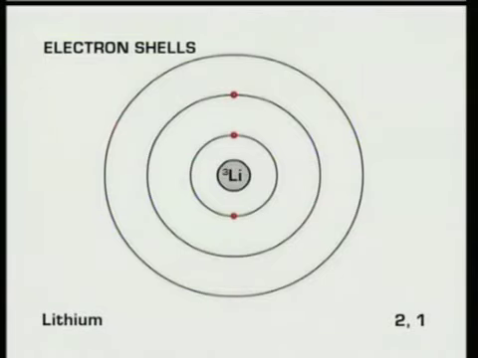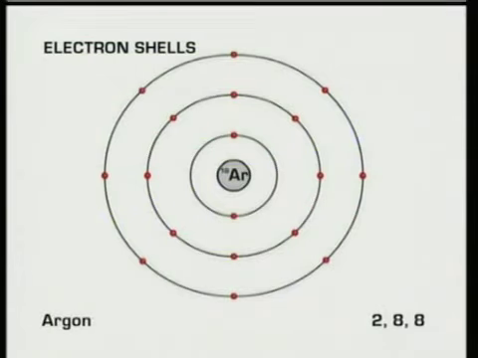It goes from lithium with 1 electron in the second shell up to neon with 8. The third shell can hold more than 8 electrons, but it sticks at 8, from sodium with 1 electron in the third shell to argon with 8.